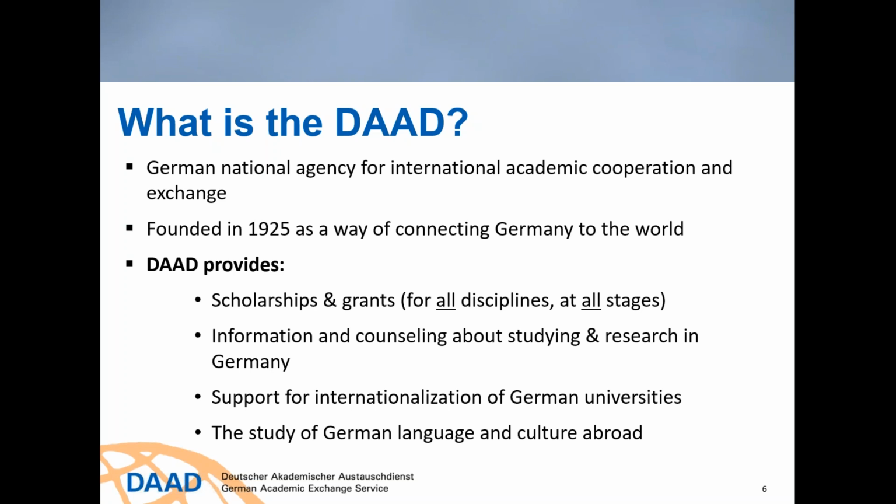Really simply put, it's the higher education arm of the German government. We're quite old, founded in 1925, really connecting Germany to the world, and the first scholarship opportunities were available for exchange between the US and Canada. So this relationship is a very old one and a very strong one.